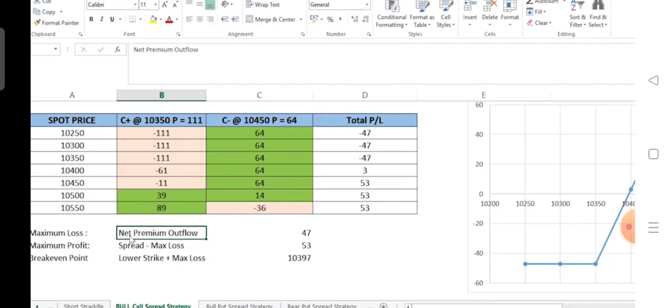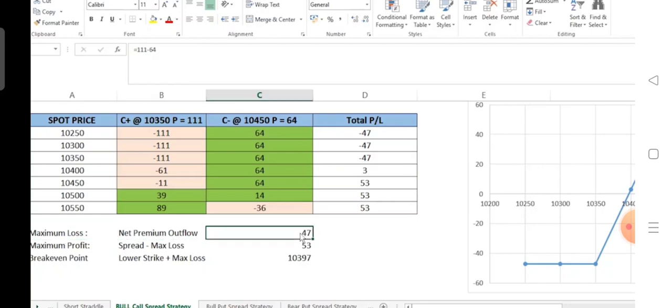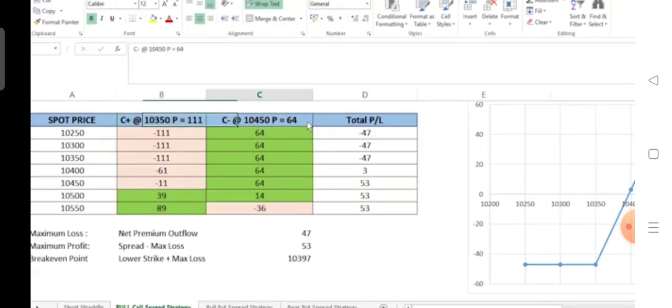For an option buyer, the highest possible loss is the premium amount paid. So the maximum loss he can incur here is 47 rupees, which comes from the 111 we have paid and the 64 premium received. So 111 minus 64 gives us 47 rupees maximum loss.